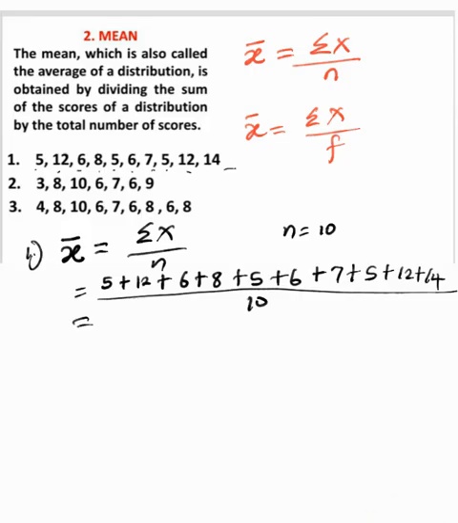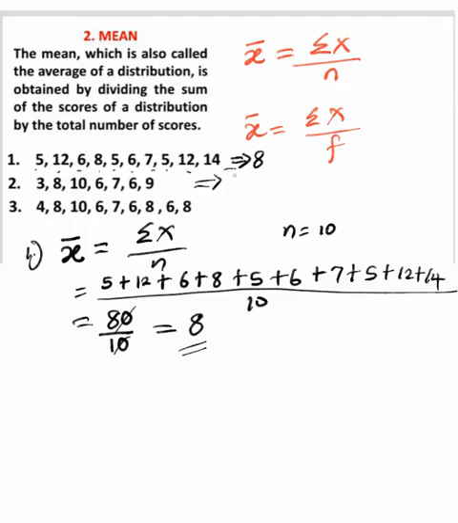If we add all these numbers, we are going to have 80 over 10. And 80 over 10 is equal to 8. So we simply cancel the 0 out and we are left with 8 over 1, which is 8. So the mean is equal to 8 for this first question.